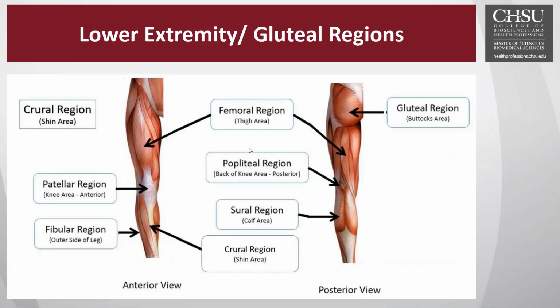This is going to be the shin area. The patella region will be where we have the kneecap or the patella bone. The fibular region will be the lateral leg, and then the sural region will be the posterior part of the calf, right? Posterior part of the leg. Popliteal, very important area, lots of important neurovascular structures here.